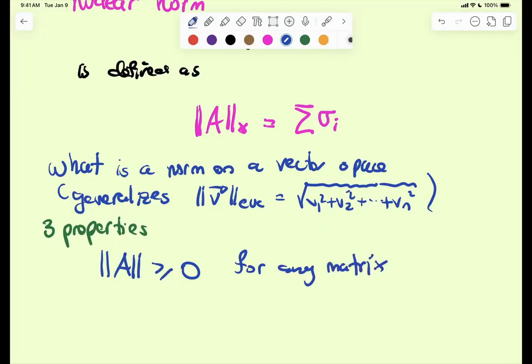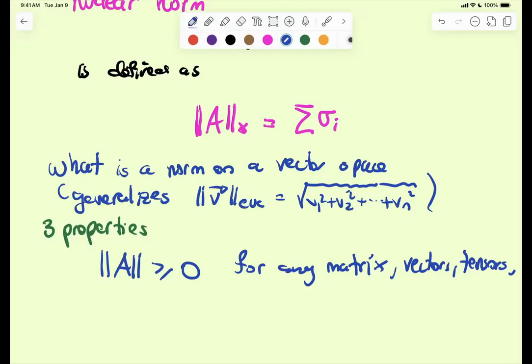And again, you can also do this for vectors or tensors or whatever. The conditions are the same, so I'll just put matrix, vectors, tensors, etc. It can be defined on any vector space. So you want the norm to always be greater than or equal to 0. If the norm is 0, then the vector, or the matrix, or the tensor is exactly 0.